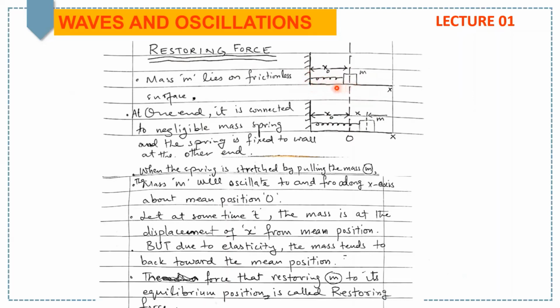When the spring is stretched by pulling the mass m, for example on the right side, the mass m will oscillate to and fro along the x-axis about its mean position. Let at some time t, the mass be at a displacement x from the mean position, but due to elasticity, the mass tends to go back towards the mean position. The force that restores mass m to its equilibrium position is called a restoring force.